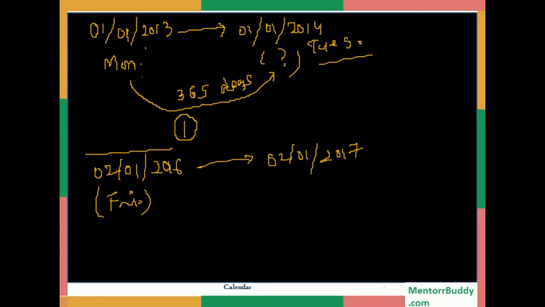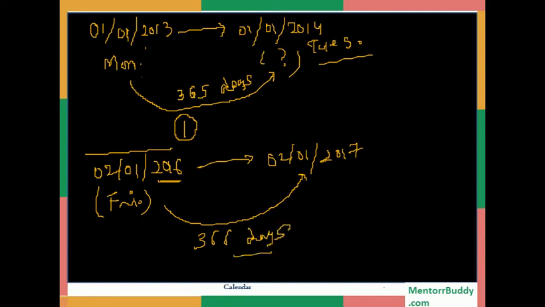Here the year 2016 is a leap year. So from this date to that date, there's a gap of 366 days, because 2016 is a leap year.